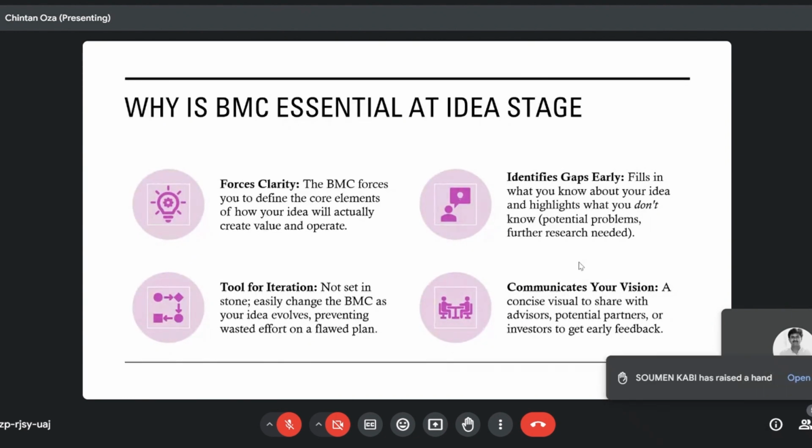The BMC also helps you communicate your vision on one single page. You can share this document with advisors, potential partners, or investors to seek their feedback.